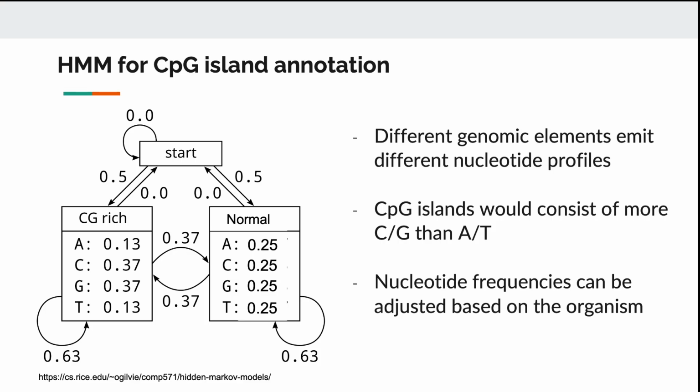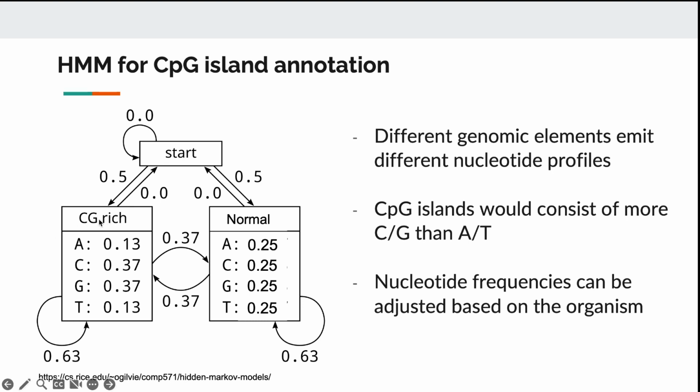So we might create a very simple model where we have only 2 states: whether it's a CG-rich region or a normal region. And let's say we have no clue which proportion of the genome is CpG island, so we assume it's 0.5 for both. 50% you can either encounter a CpG island or a non-CpG island.